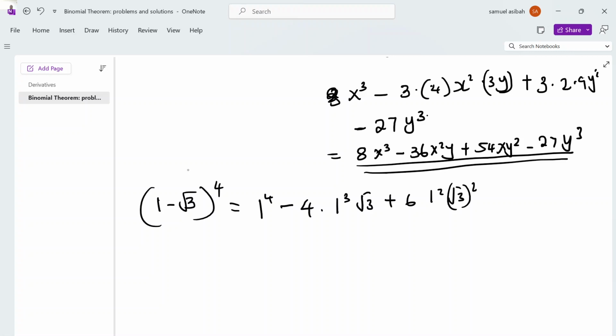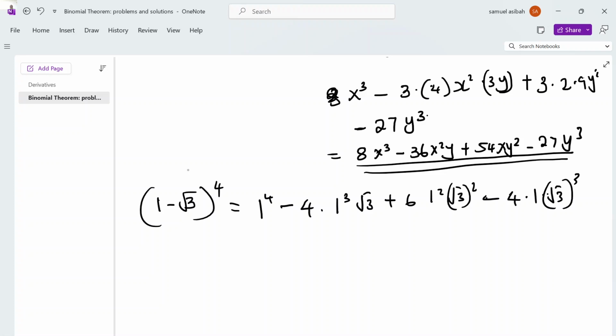Then we have plus 4, 1, root 3 cubed. Then we have minus, coefficient is 4, then times 1 times root 3, now cube, but remember it's negative, then it will make this one negative.